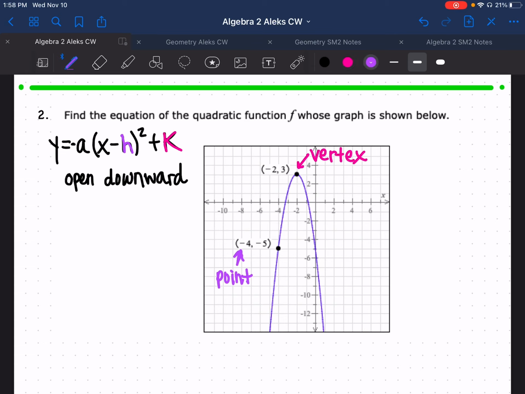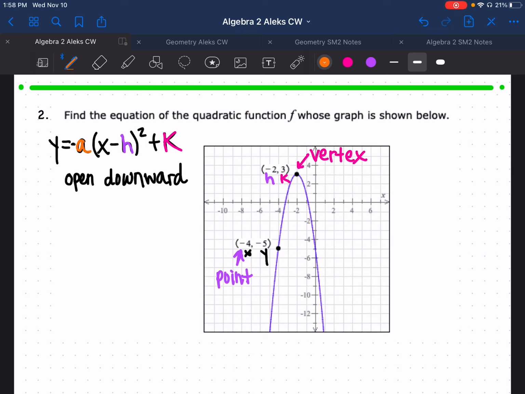And if you look at your vertex right here, this is H, the X value, and this is K. Your ordered pair is going to be, of course, X for the first one and Y for the second number in the ordered pair because that's always the way it goes. And you're going to plug that in for the X and the Y there. And then we're going to use those numbers to help us find the value of A.